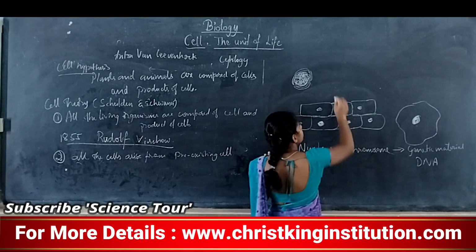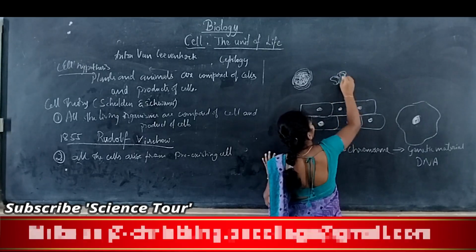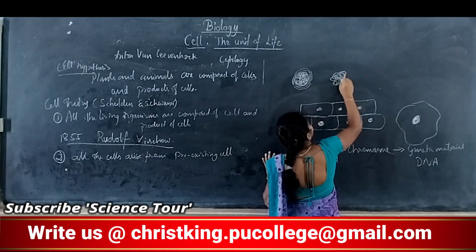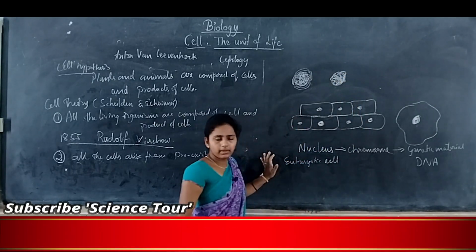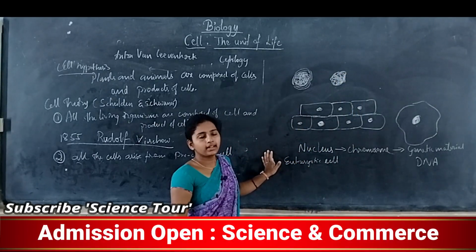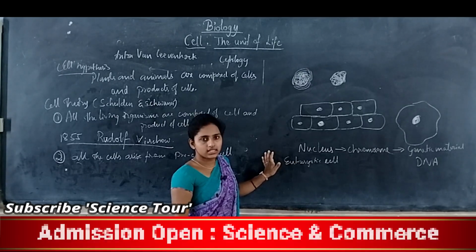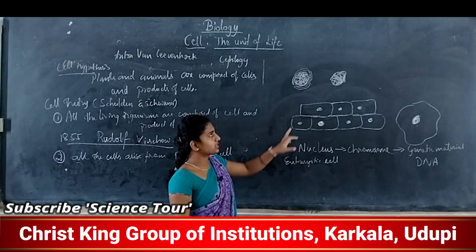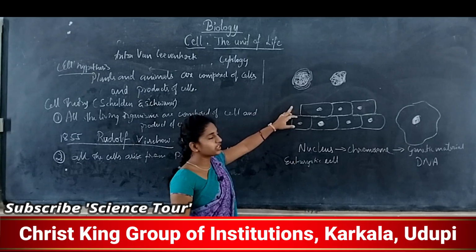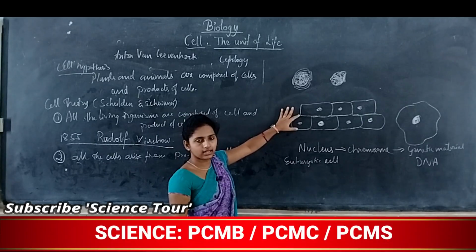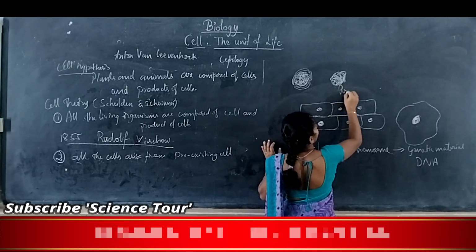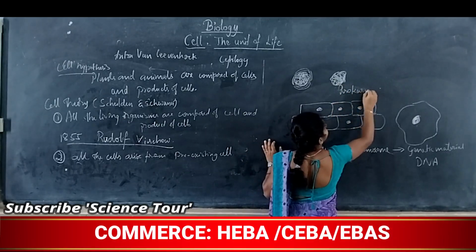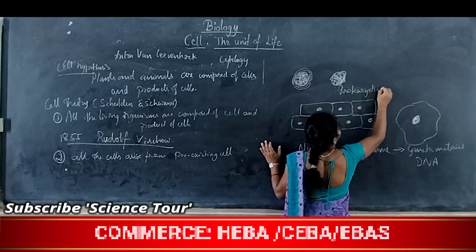Sometimes there is no membrane around the genetic material or the nucleus. That type of cell, which contains genetic material without a membrane, we call a prokaryotic cell.